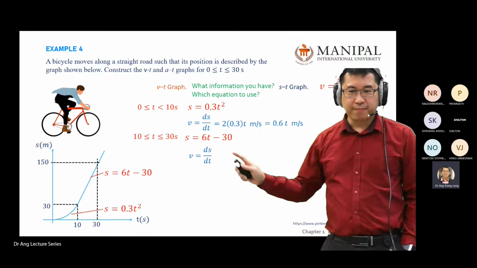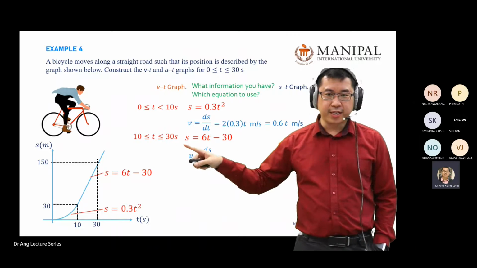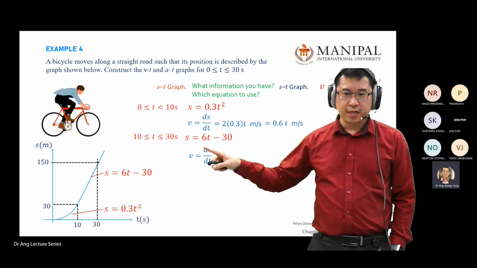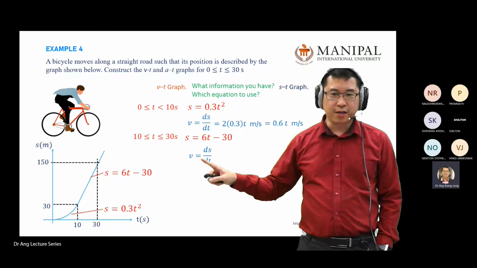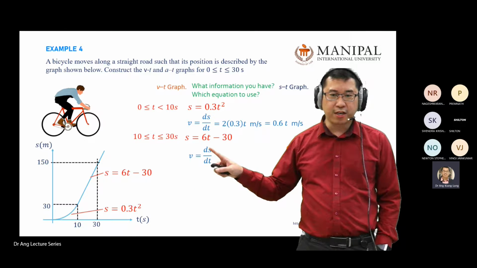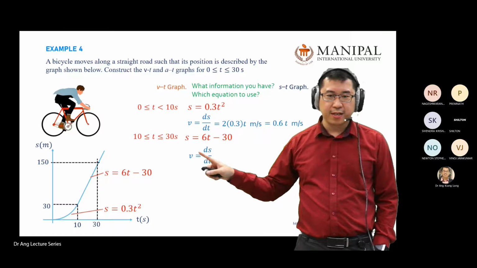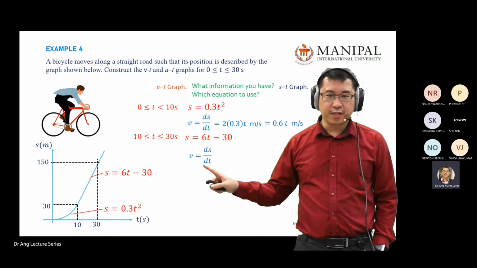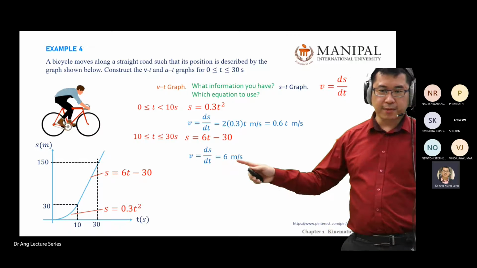You do the same for 10 to 30 seconds by using the displacement equation. You differentiate the displacement over time because velocity equal to differentiation of location or displacement. ds over dt, you get 6 meter per second.